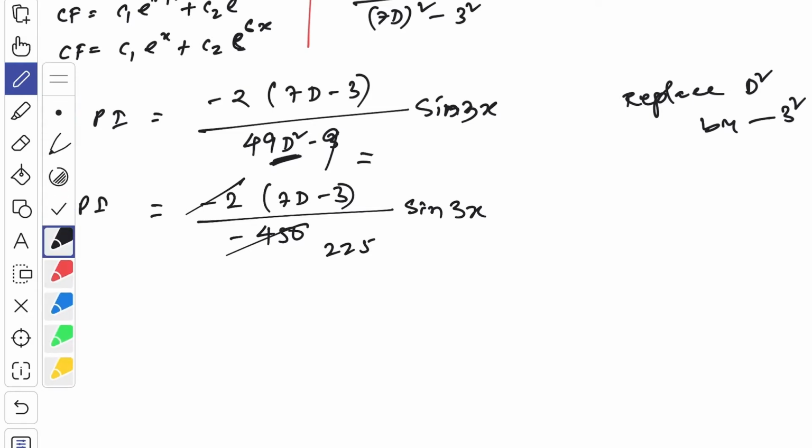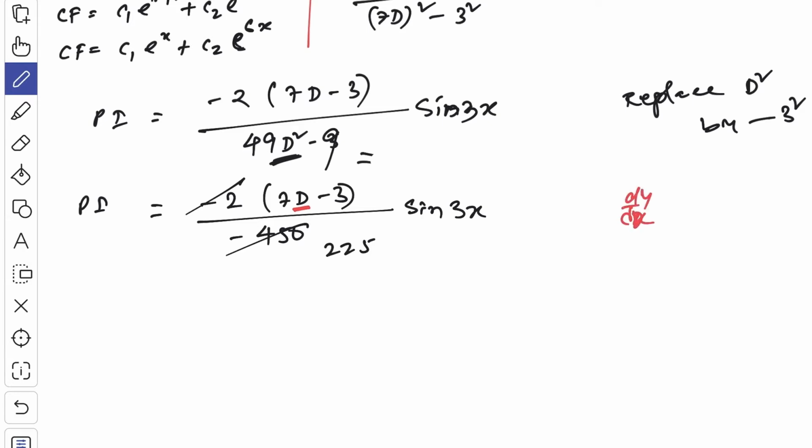So now here you see in the numerator there is d. D means d by dx, isn't it? So instead of d you can write d by dx, and if you operate this function by this sine thrice x, then you will get 3 cos thrice x.